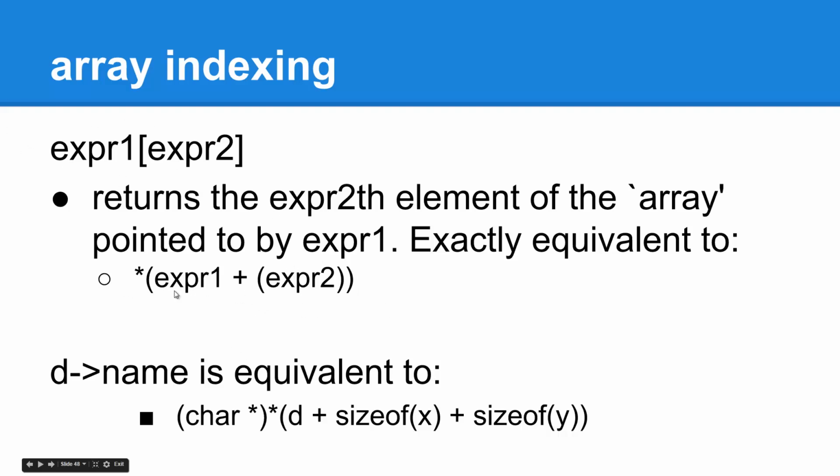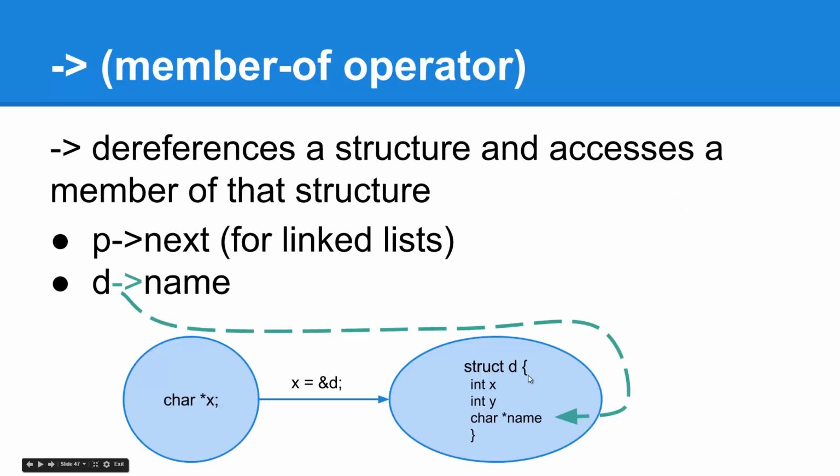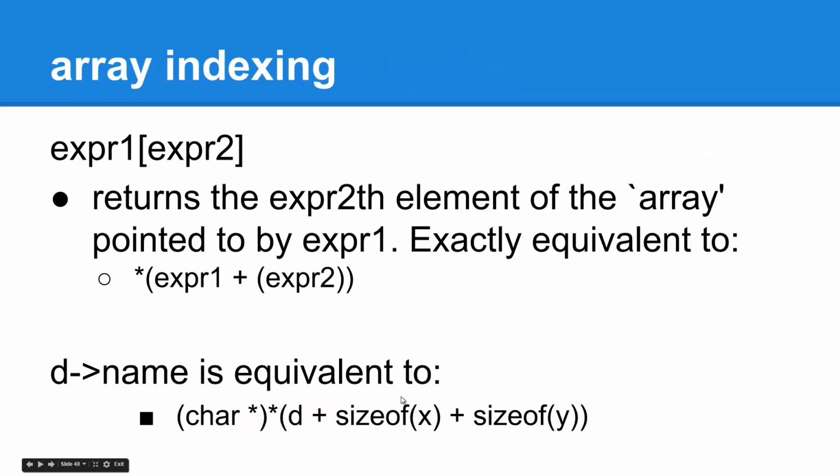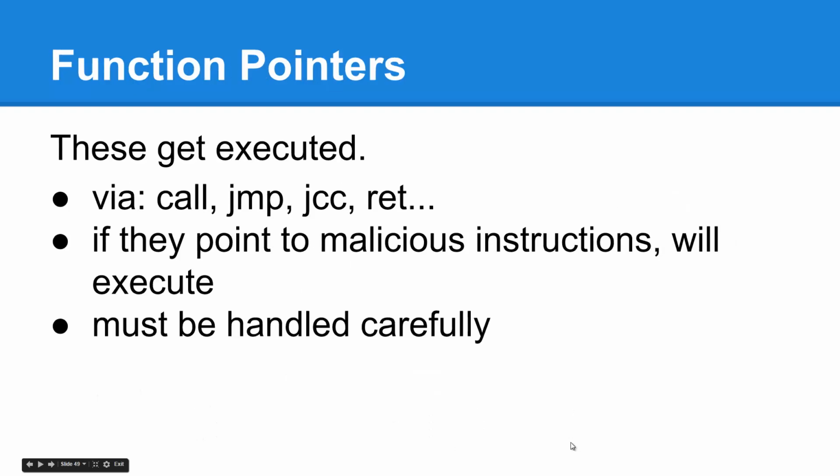Obviously, this would only be valid for bytes and chars, characters. So for the member of operation, it would be roughly equivalent to the base address given by D plus the size of each object in the struct x, y before the given target member variable, so name, and it's pretty straightforward.